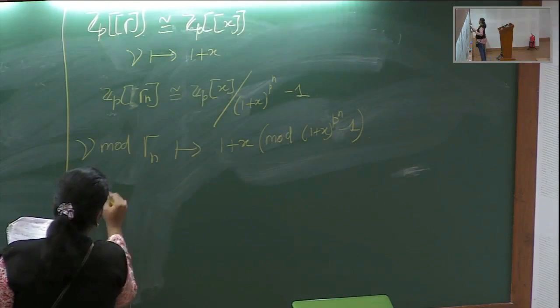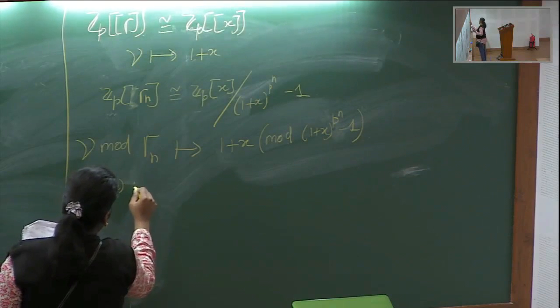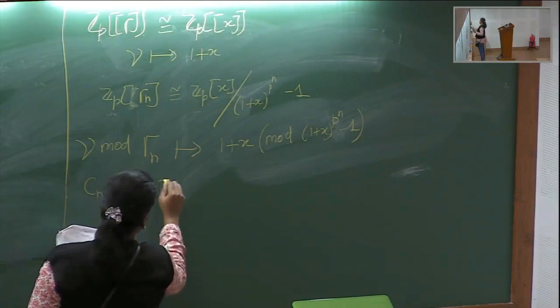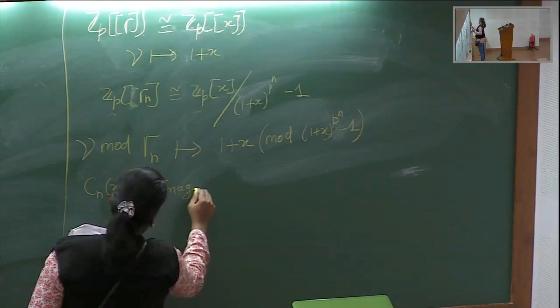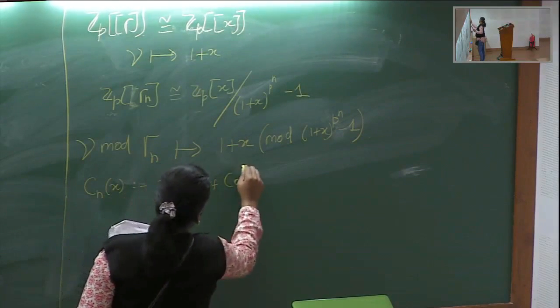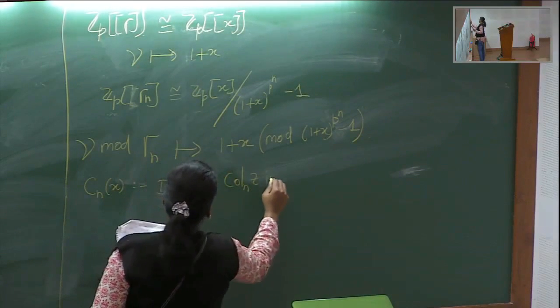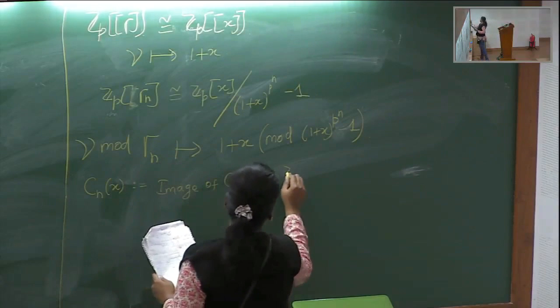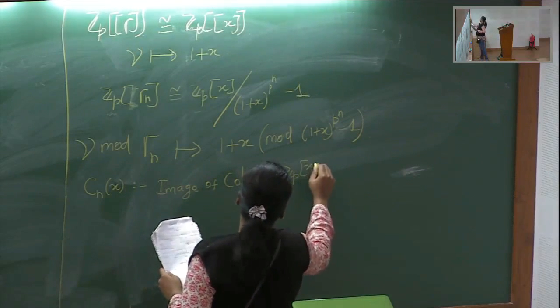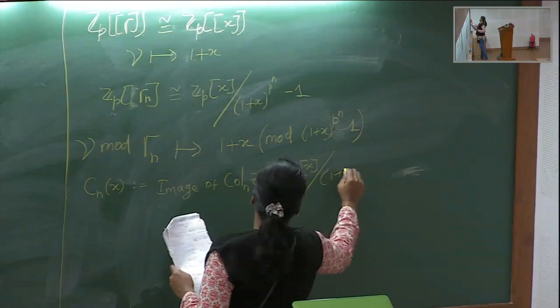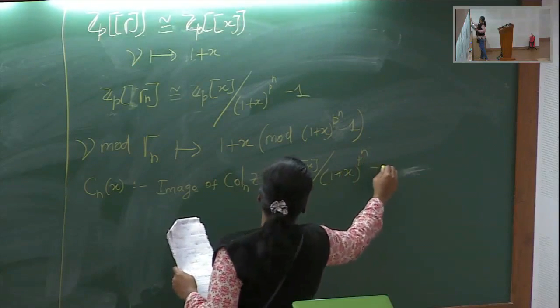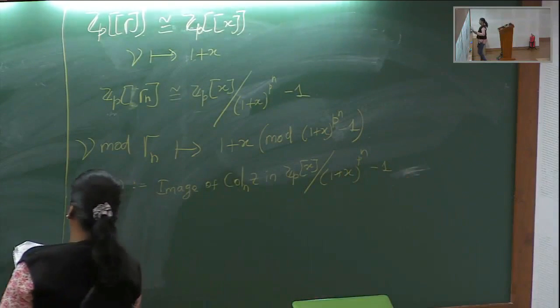Now denote c_n(x), the image of Z_p[x], minus 1, and c(x).